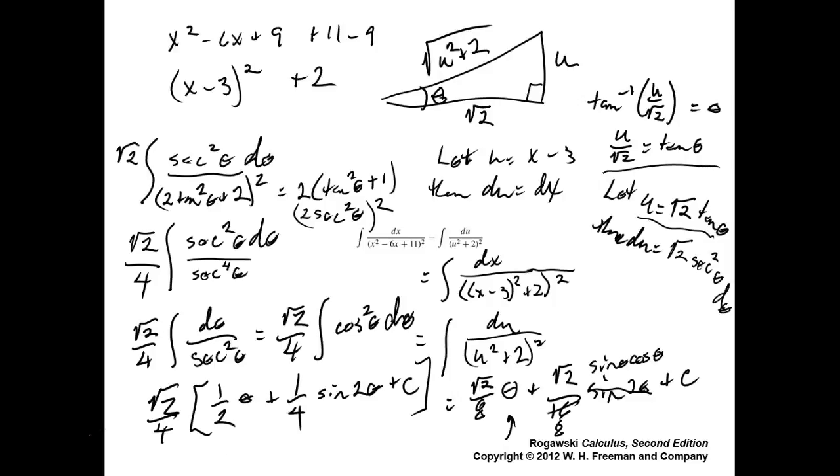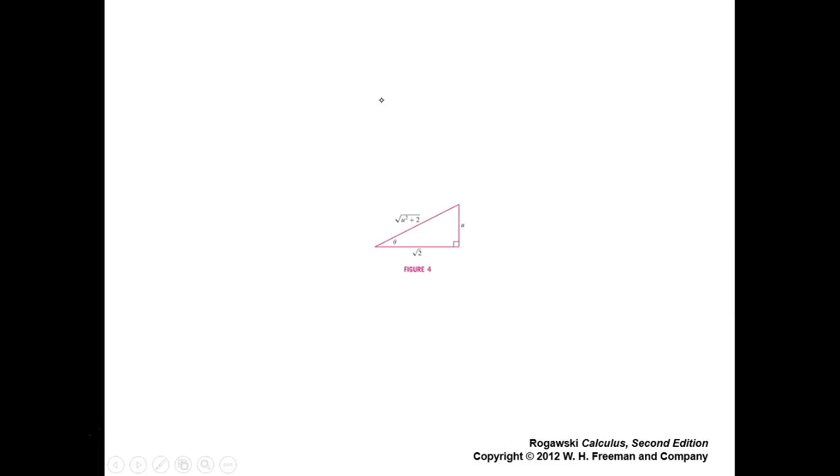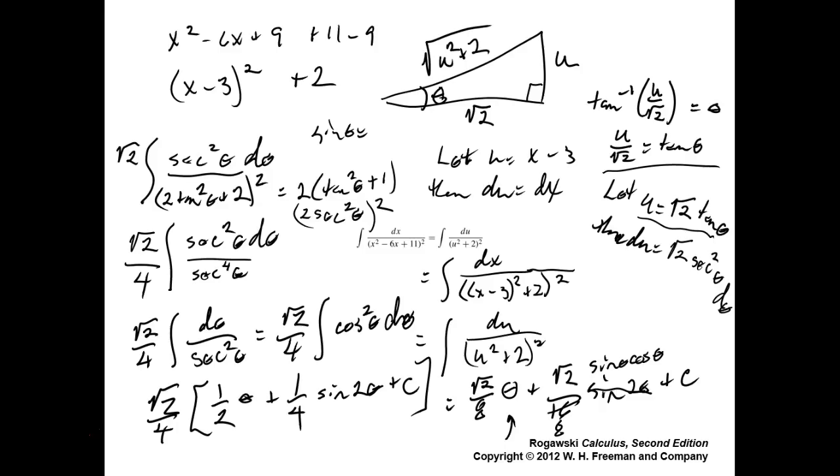Now we can figure out what sine theta is, because this theta is the same as that theta. Sine theta would be u over the square root of u squared plus 2, wouldn't it?